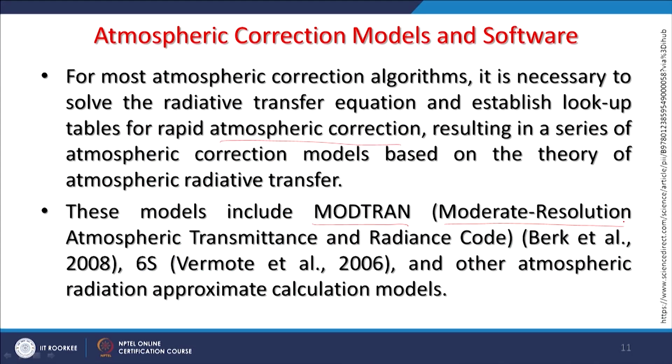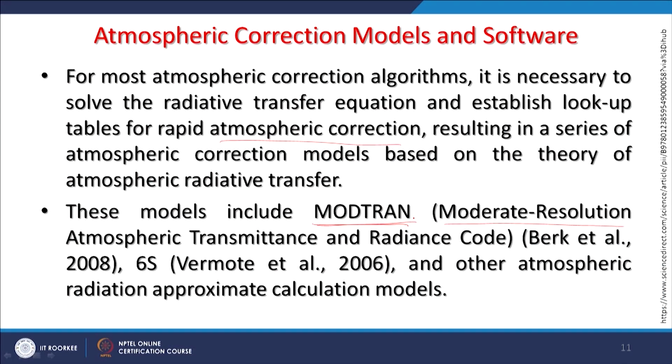Now, one more intricacy comes for moderate resolution, because high, moderate or coarse resolution are all relative terms. What was moderate yesterday is coarse today, and what was high yesterday is moderate today. Nonetheless, for moderate resolution satellite images there is a model called MODTRAN.